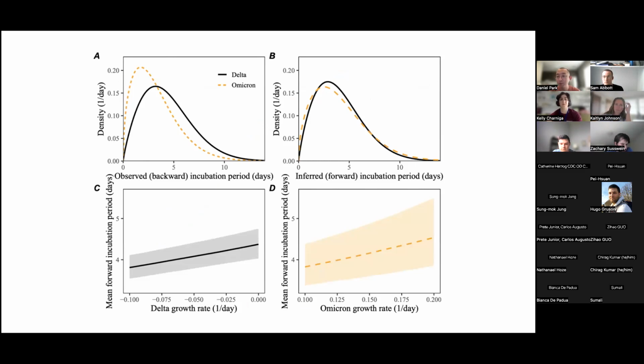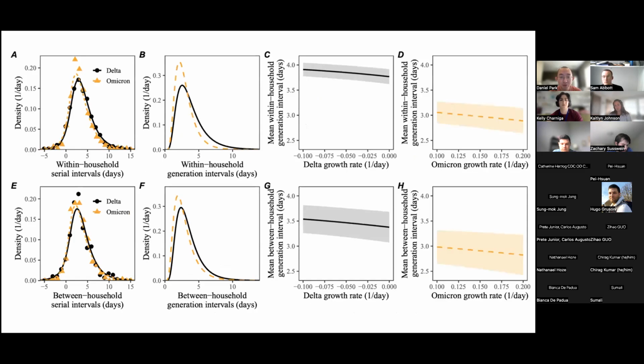This suggests that the differences in the observed distributions can be partially driven by differences in growth rates. And then putting these differences into estimating generation interval from serial interval, we still find that the generation interval of Omicron is shorter than Delta.